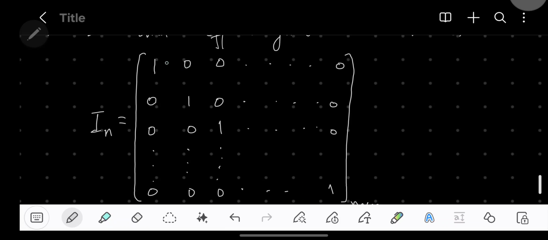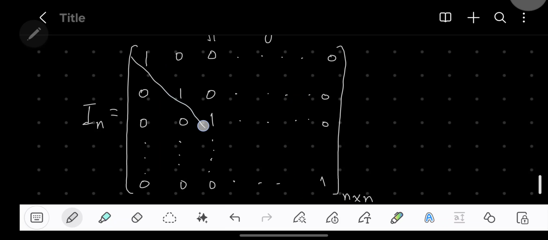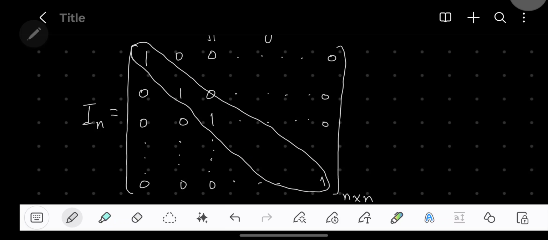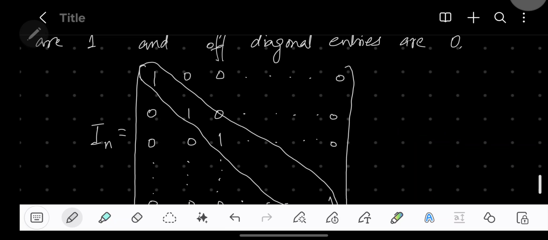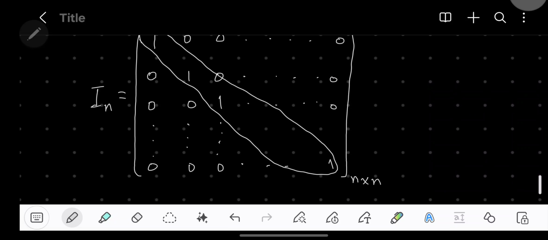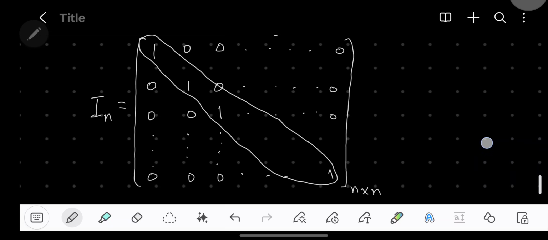You can check that the diagonal here contains only 1, and all the entries other than the main diagonal are 0. So this is an identity matrix of order n by n. Similarly, you can write the identity matrix of order 2 by 2 in this way.